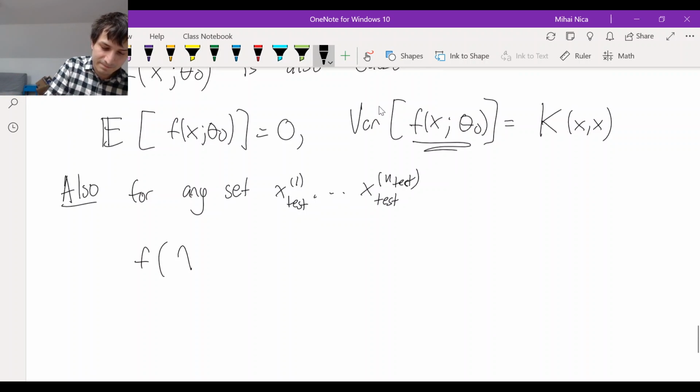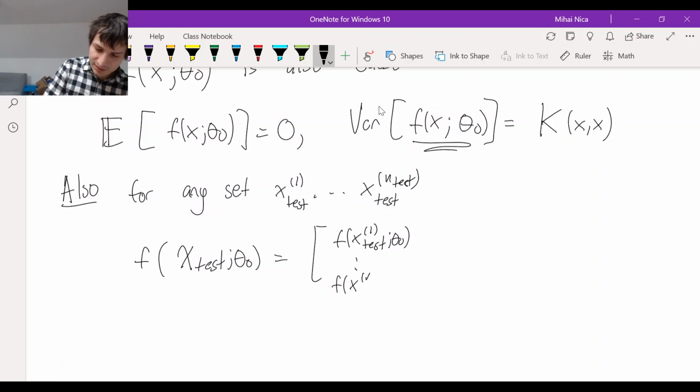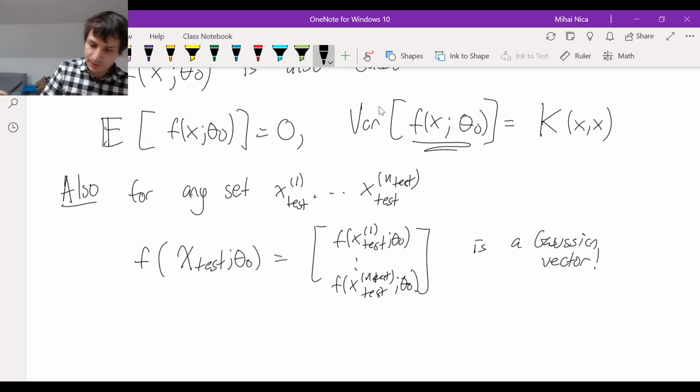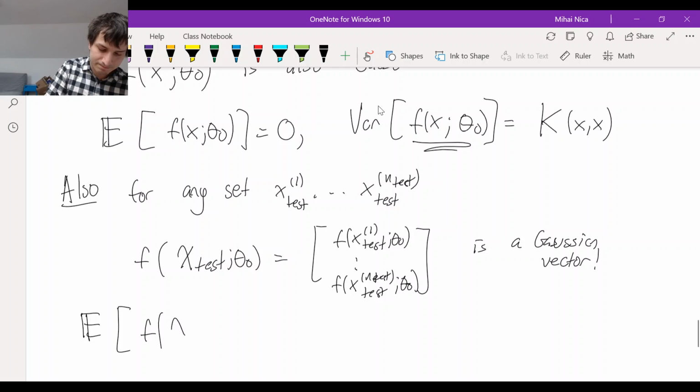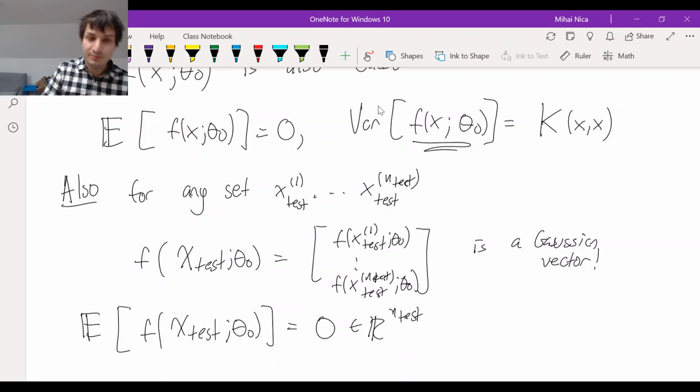So f of x test theta 0, the vector f of x1 test theta 0 up to f of xn test theta 0, is also a Gaussian vector. I have to tell you its mean. Its mean is 0 again. This is a vector in R^n test, but its mean is 0.